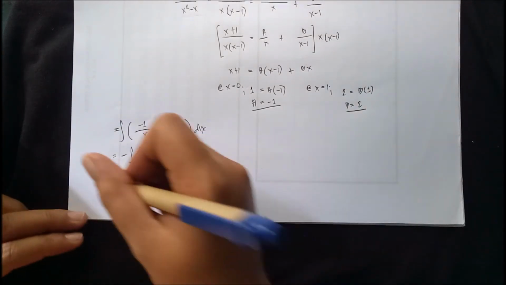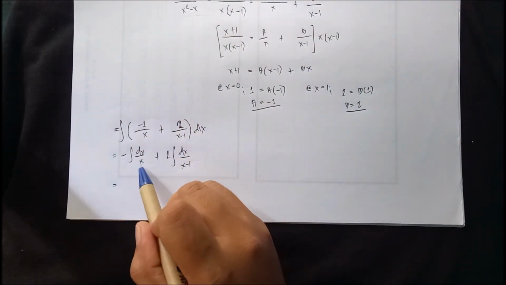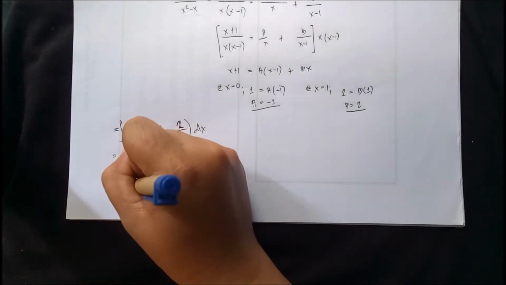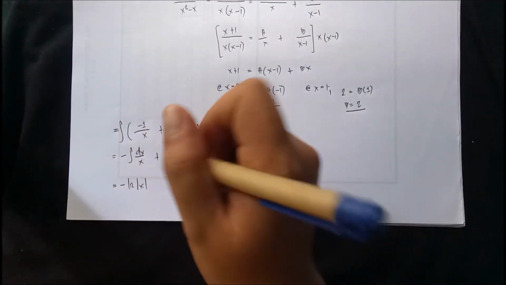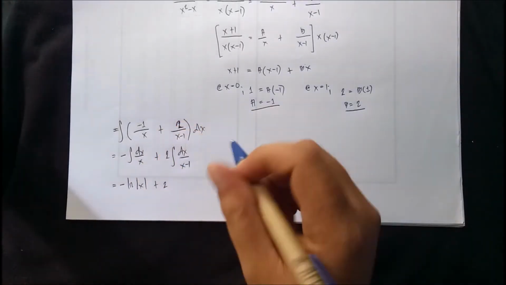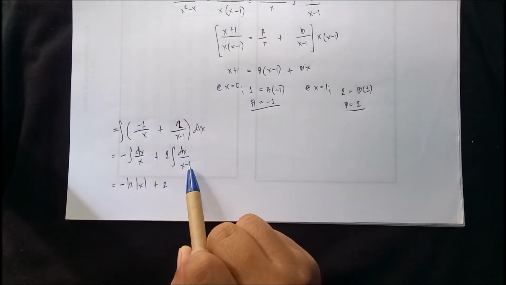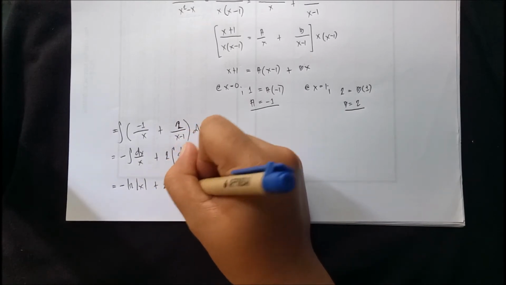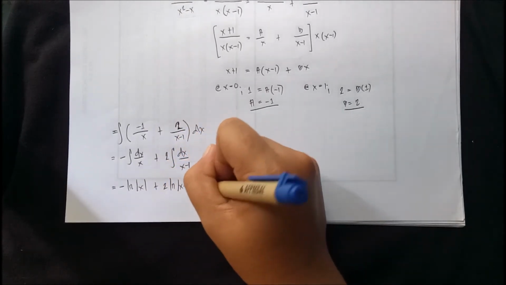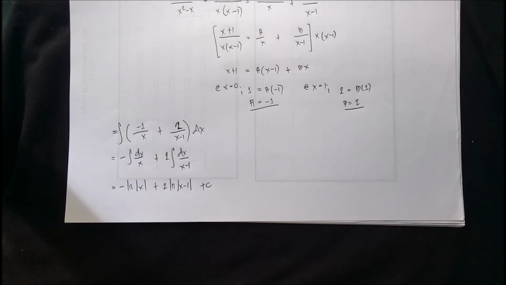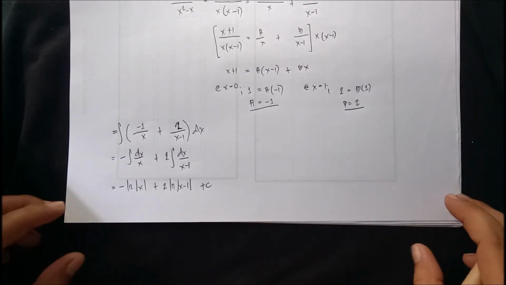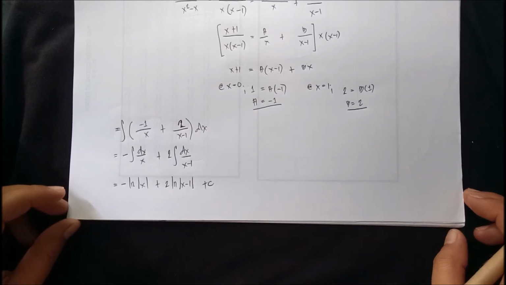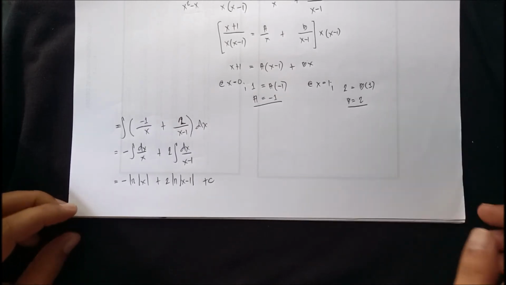And integral nito class, this is our u. Du natin is dx. So, this is just simply negative ln x plus 2 ln x minus 1. Kung ito yung u, yung derivative nito is dx. Same sa baba. Of course, yung ating class C, huwag kakalimutan. So, ganito yung itsura niya. So, this could be our final answer.